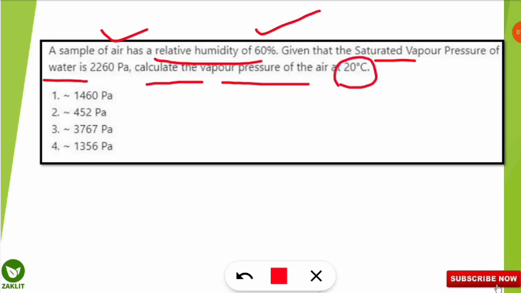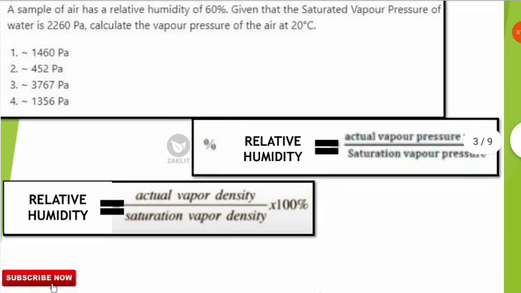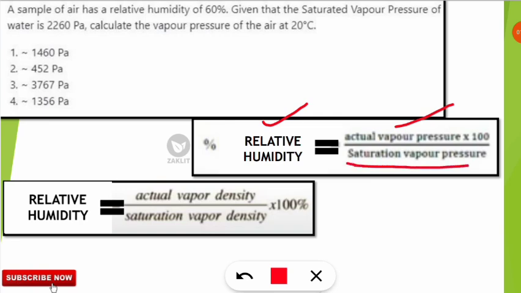So here air and water mix and form humidity, that is humid air. Then we have to calculate with the help of a very simple formula. So on your screen the formulas are there. To find the relative humidity, the percentage, the formula is actual vapor pressure divided by saturation vapor pressure, multiplied by 100.